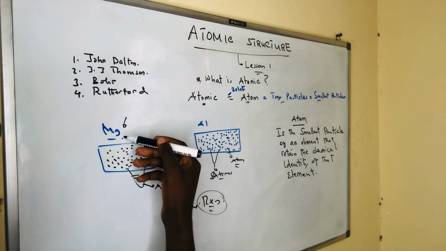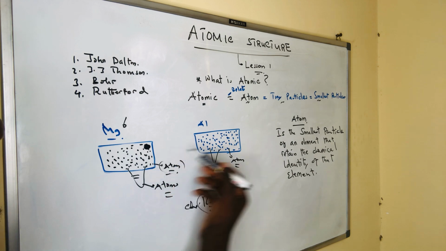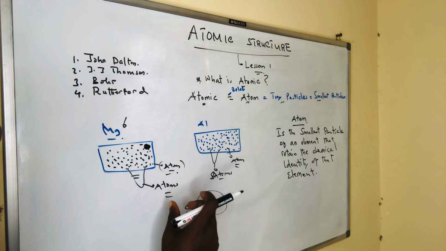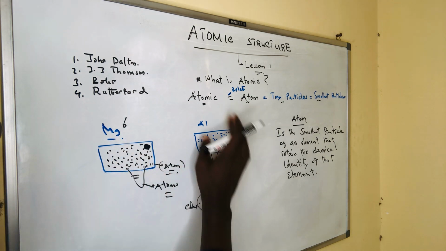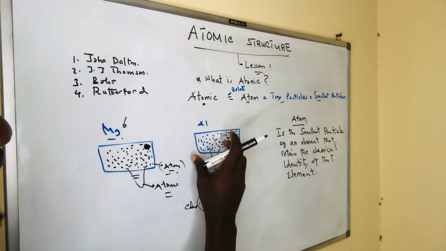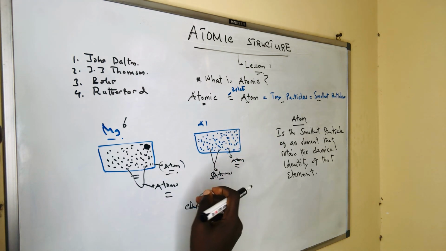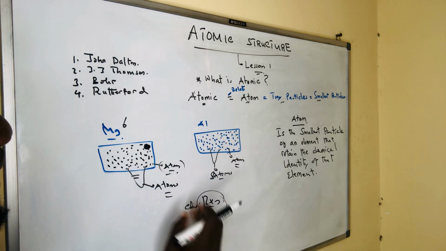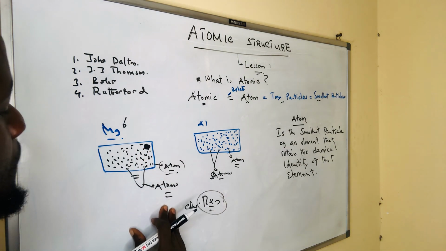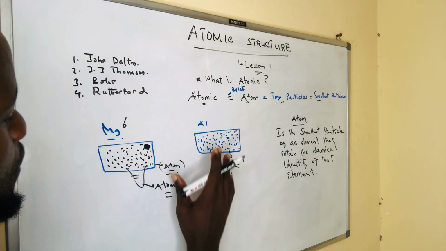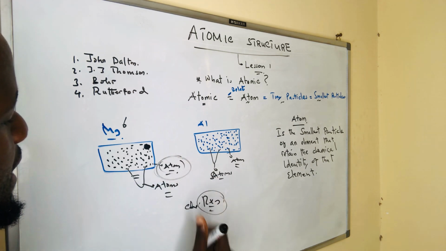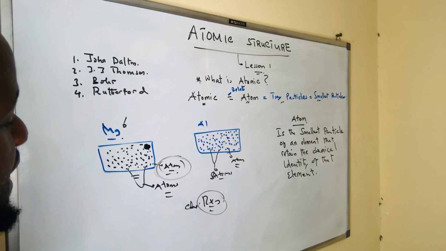So because magnesium and aluminium zina atoms different, tuna expect kuwa chemical reactions ambazo zitafanyika kwa magnesium pia zitakuwa tofauti kidogo na chemical reactions zitakazofanyika katika upande wa aluminium, because magnesium and aluminium zinakuwa made by different types of atoms. So chemical reactions zote zinakuwa affected au zinakuwa determined na nature ya atoms zinazopatikana sehemu fulani.